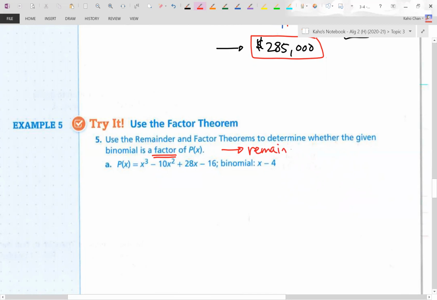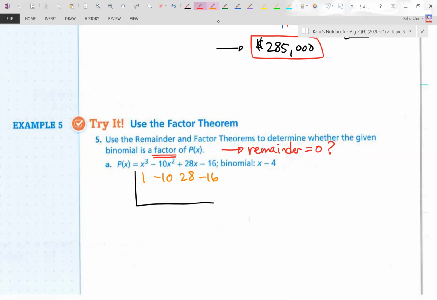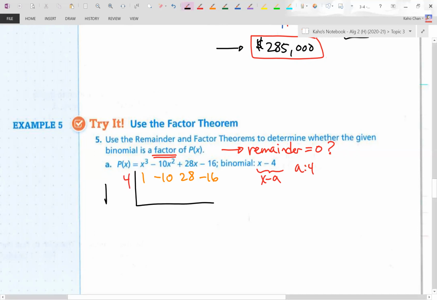That's all we're doing. That's the check. We're going to do synthetic division. Here we go: 1, -10, 28, -16. My divisor is x minus 4, so A is +4. Put it right there. Add vertically, multiply diagonally.